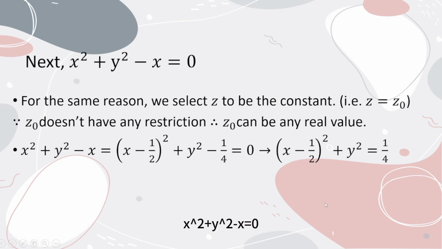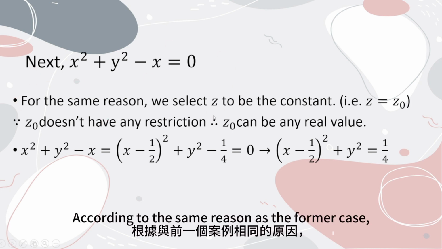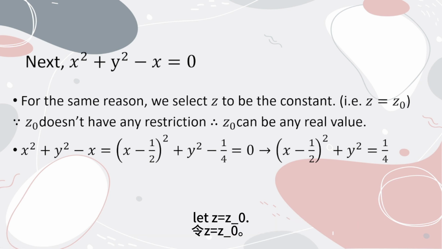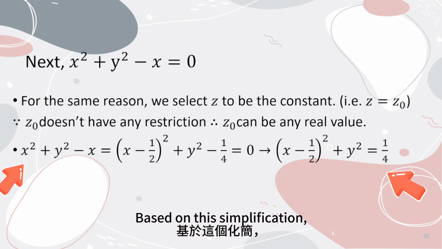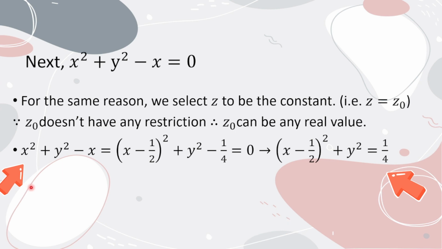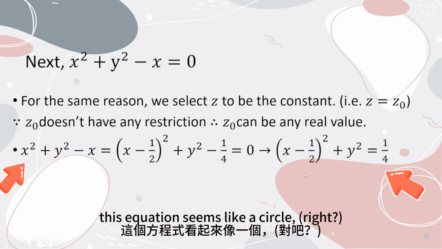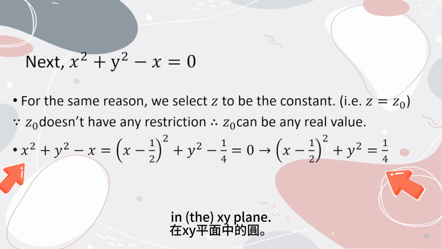Next one, x squared plus y squared minus x equals 0. According to the same reason as the former case, let z equal z sub 0. Additionally, z sub 0 can be any real value. Based on this simplification, we can see this equation seems like a circle in the xy plane.